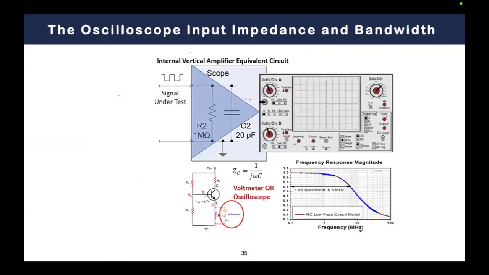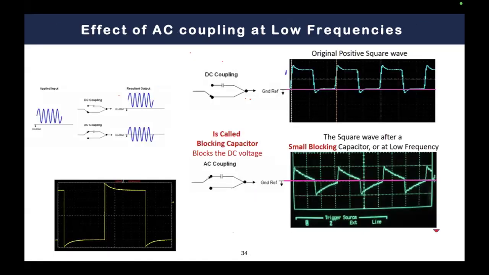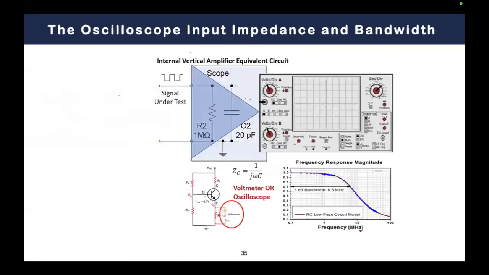Okay. The capacitive effect is not only related to the process of coupling. We also have other types of capacitance in our oscilloscope. And what we are going to show you in the next 3-4 slides is very, very interesting and very, very important as well.